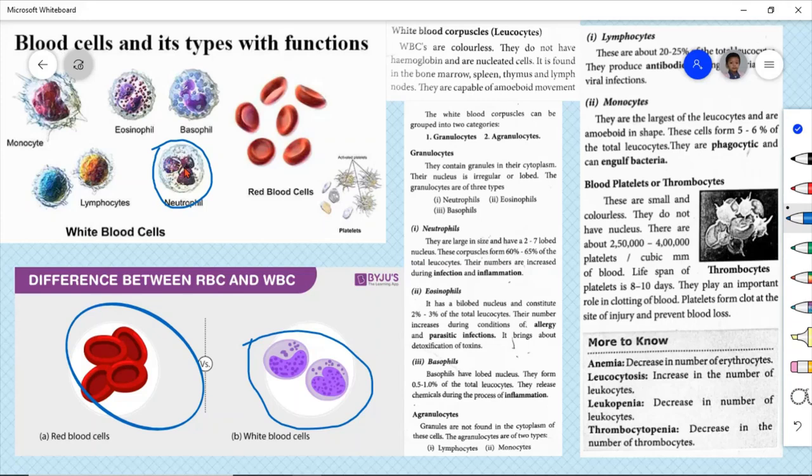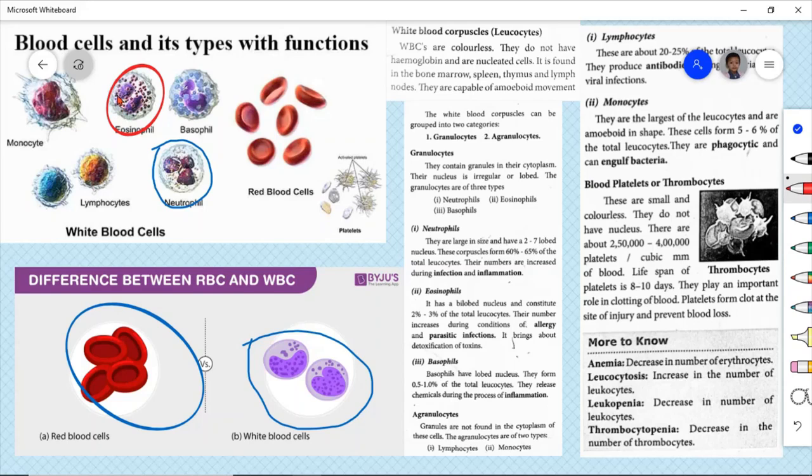The second one is eosinophils. The second granulocyte is eosinophil. These eosinophils are bilobed. Only 2 lobes are present. See, this is the first lobe, second lobe. Understood? The total percentage is 2% to 3%.